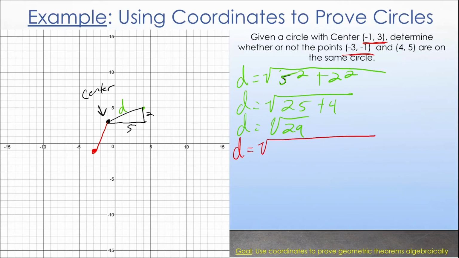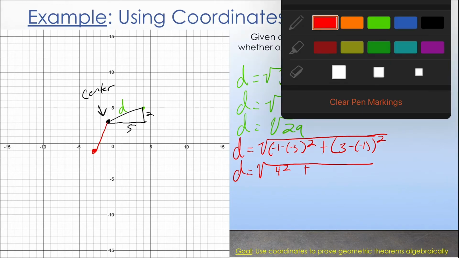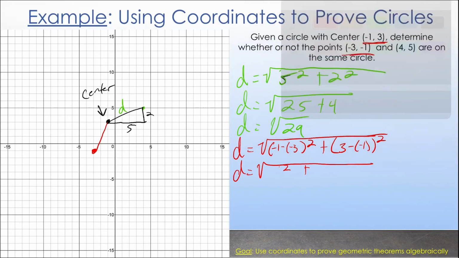So the distance equals the square root of -1 minus -3 squared plus my y's 3 minus -1 squared, because distance equals the square root. -1 plus 3 is 2, so I get 2 squared. 3 minus negative 1, 3 plus 1 would be 4.